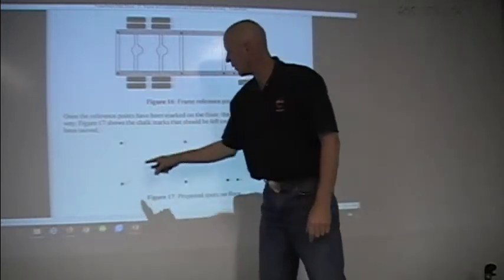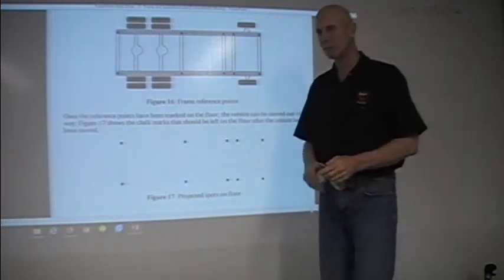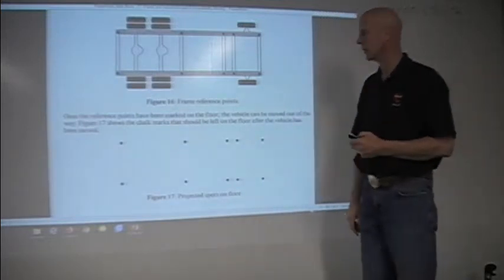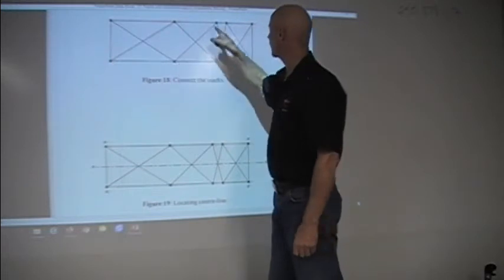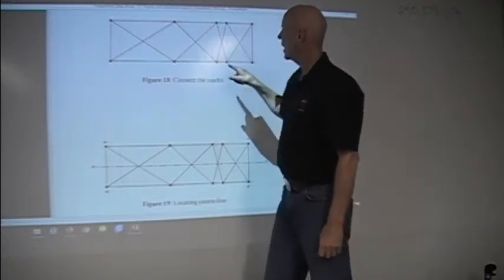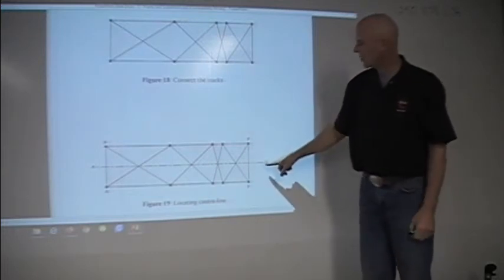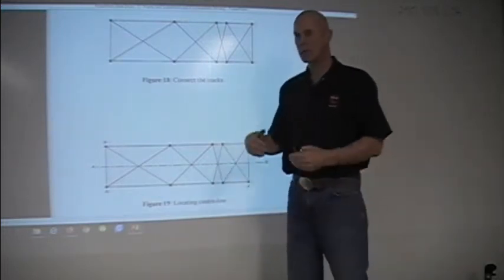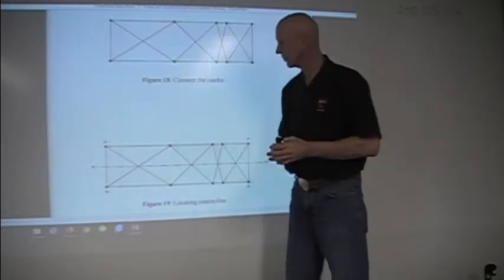So once I have all my points set on the floor, then I can move the vehicle out of the way. And I'm going to use a chalk line, and I'm going to go from point to point with the chalk line, and then I'm going to go down the center. Now by going down the center, it tells me if my frame has a side sway in it.